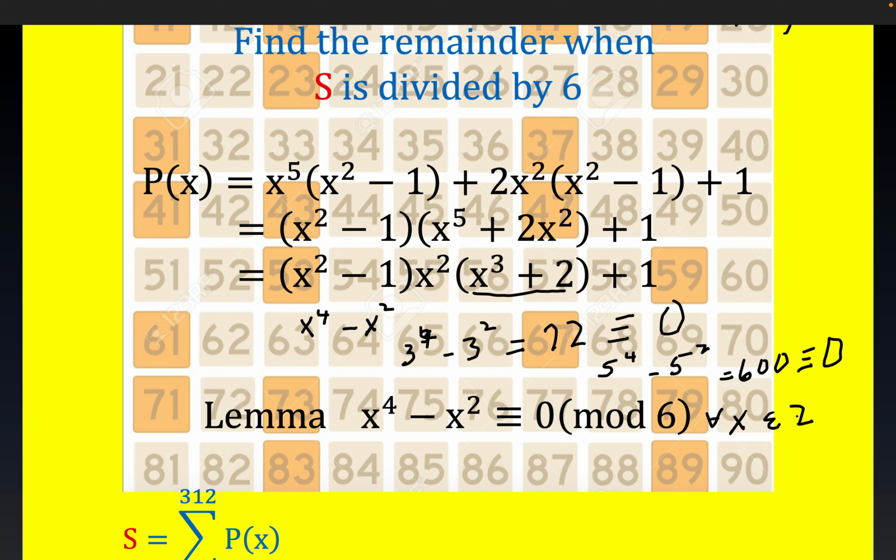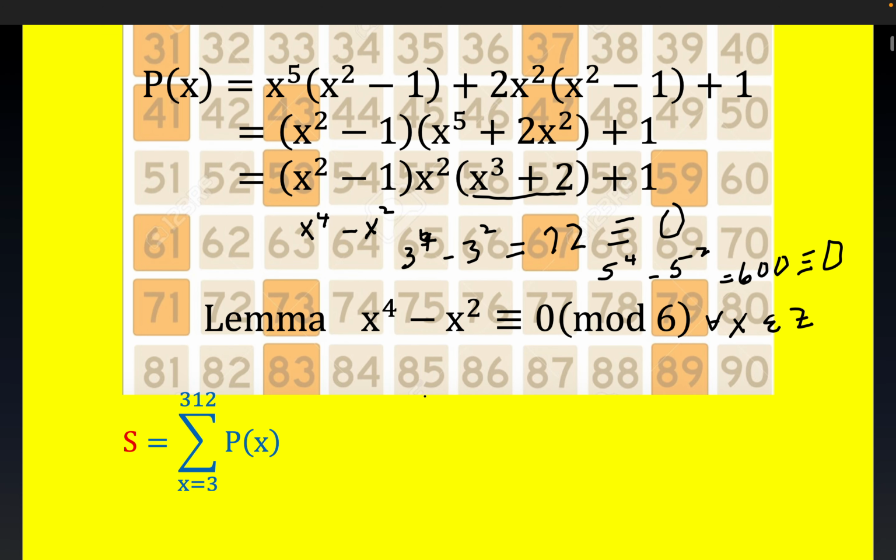All right, so you see this is a big deal because we know that this whole piece right here is going to be congruent to 0, and all you're going to be left with is 1. So our summation is going to just be equal to the sum of 1 plus 1 plus 1, and let's do our life-saving ellipsis here, plus 1.